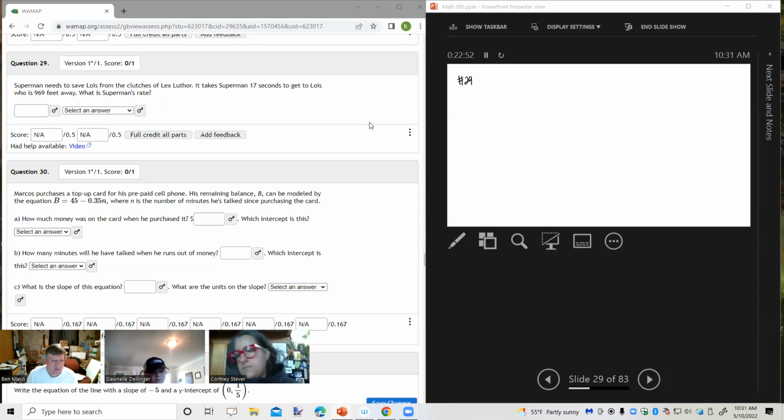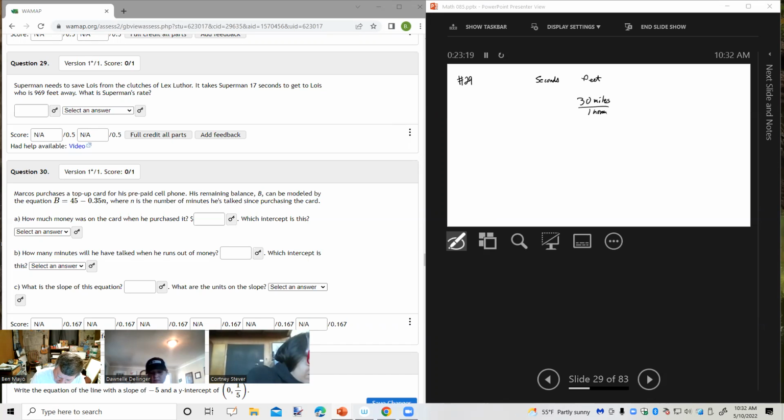So what have we got? We've got units of seconds and units of feet. So it's either got to be seconds per feet or feet per second. Let's think about what happens out in the real world when you're driving your car. If you're going a certain speed, let's say the speed limit is 30, that means 30 miles per hour.